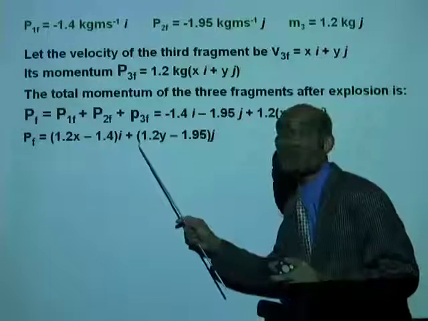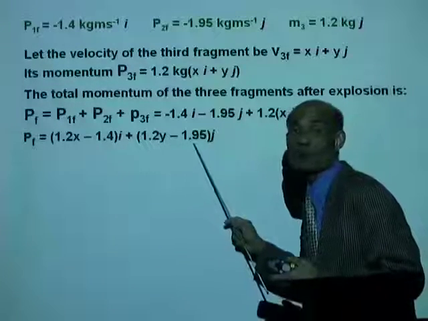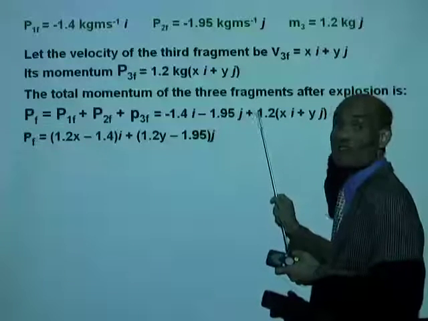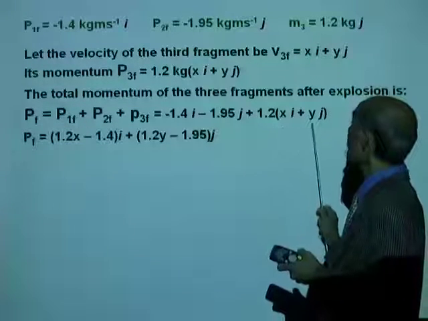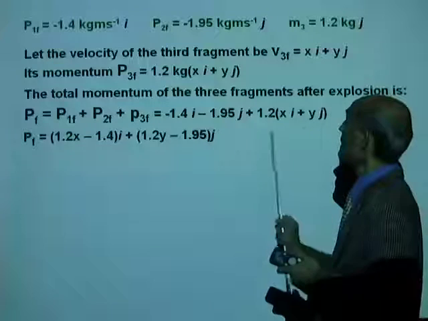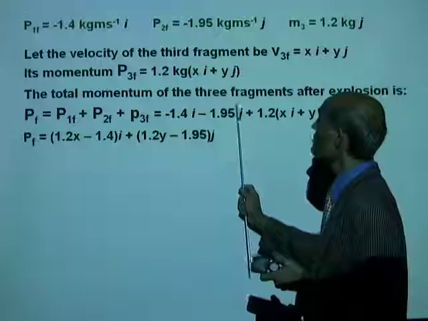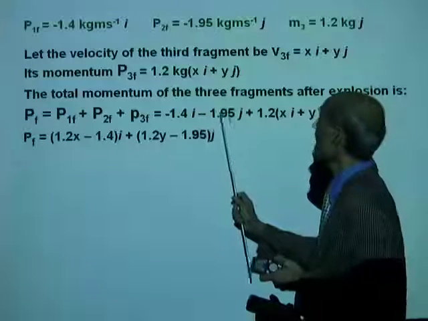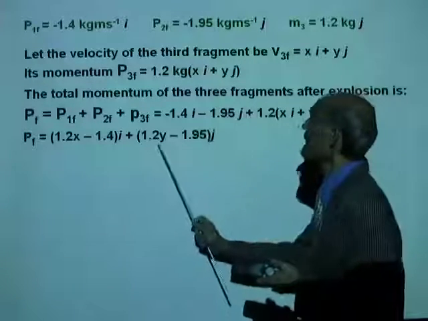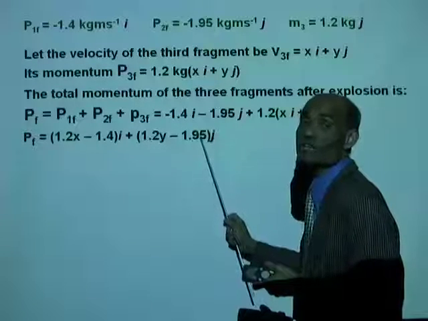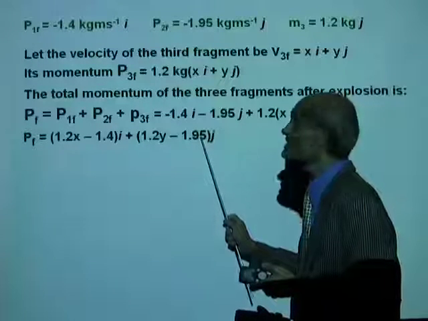And what is the y momentum of the three fragments after explosion? The y momentum of the third fragment is 1.2yj, and the momentum of the second object is negative 1.95j. Add those two together, that will give me the y momentum of the three fragments after explosion.